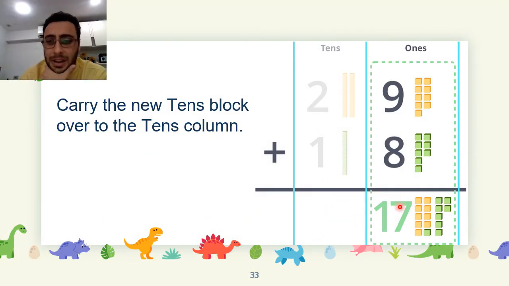So what does that mean? Look at here. We have 17 ones. Now, we regroup them. We regroup 10 of the ones as 1 ten and 7 ones stay in the ones area. So we carry the 1, which is 1 ten, to the tens area.